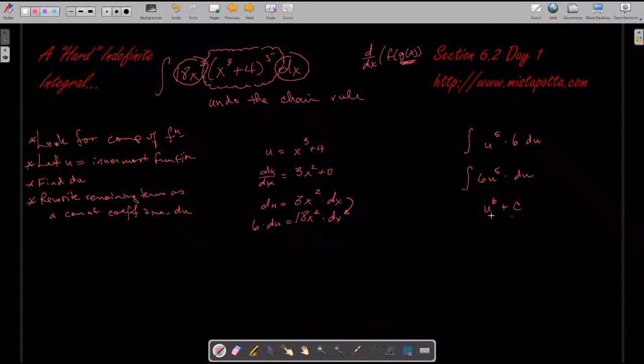plus a constant. So what I'm going to do is find the antiderivative using our usual rules.